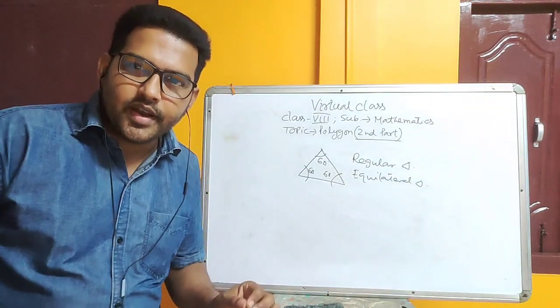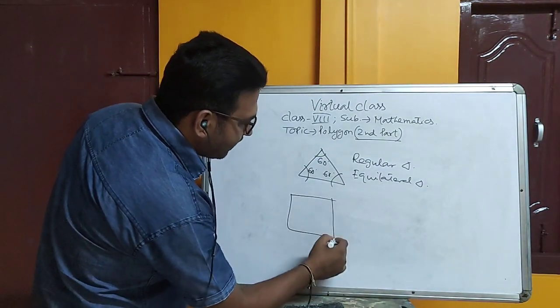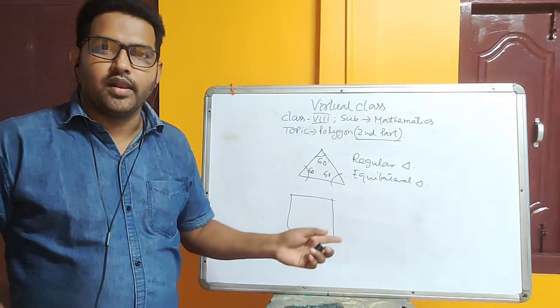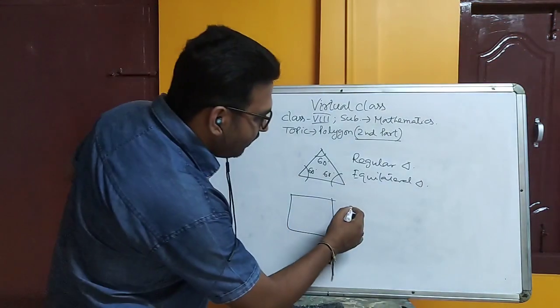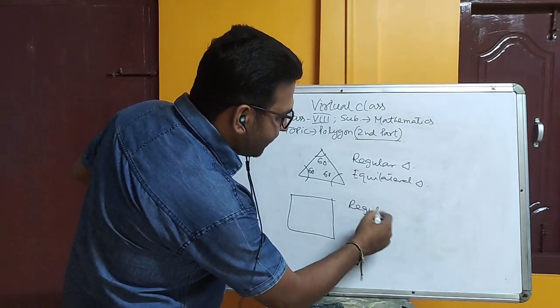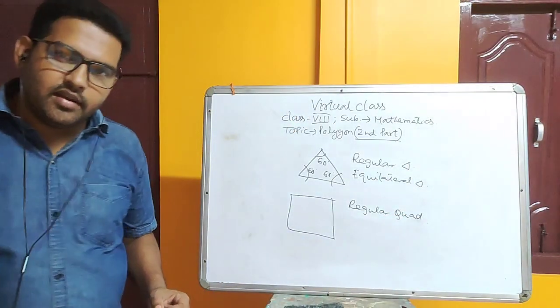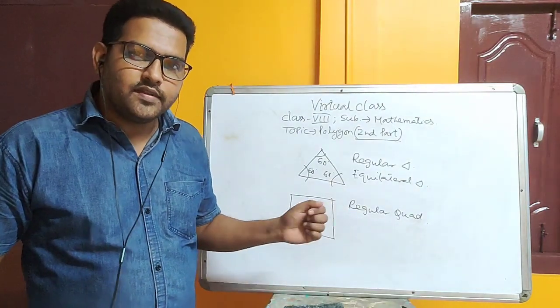Now if I construct another figure which is a quadrilateral in which all the sides are equal and all angles are of equal measure, then that will be named a regular quadrilateral. Again, could you recognize what this polygon is?